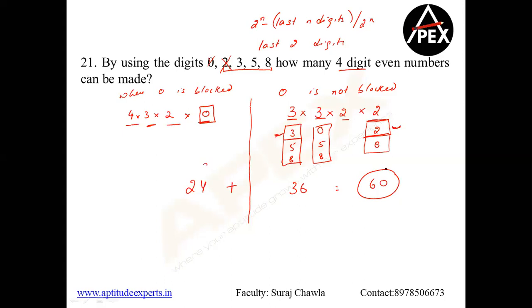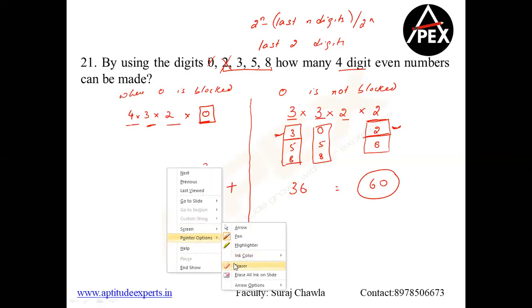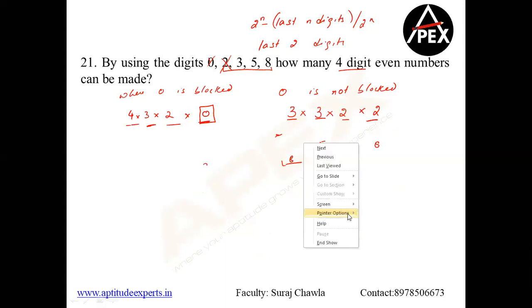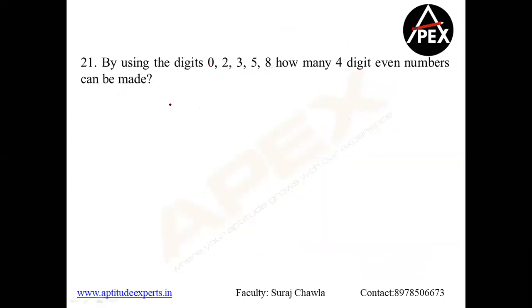Clear guys? Now what if repetition is allowed? Let's see. Or let us erase everything. So if repetition is allowed, then what happens? 1, 2, 3, 4.